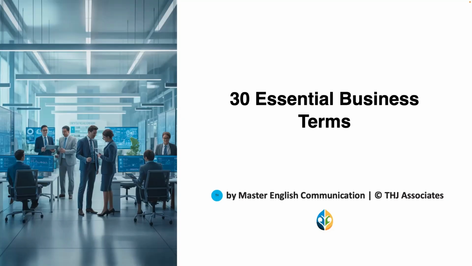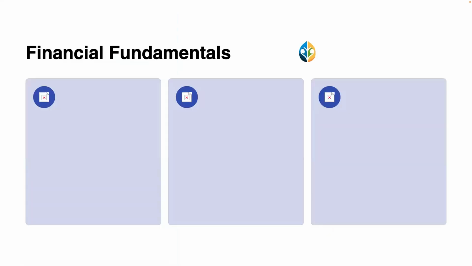So keep a pen handy or whatever writing tool you use, because you want to know 3 to 5 terms that you will start to practice right away. You want to master the vocabulary that drives confident decisions, clear communication, and smarter strategy in today's fast-moving business world. All right, let's dive in right away.